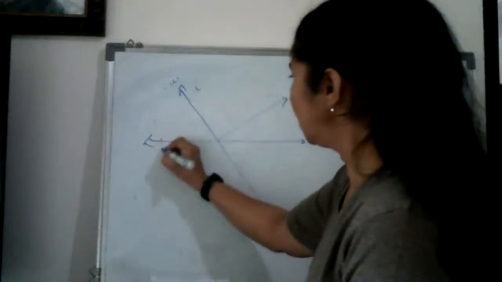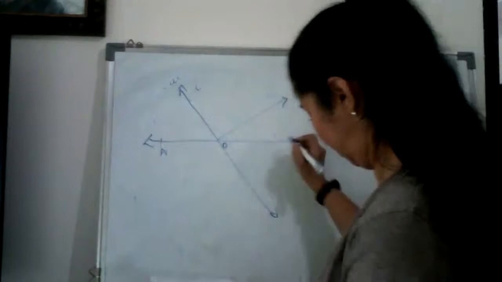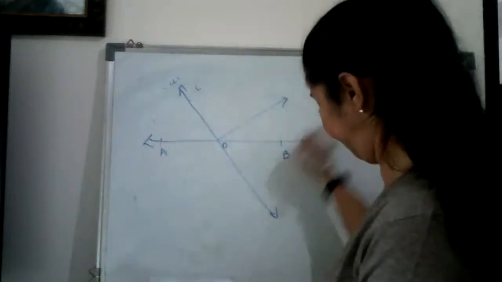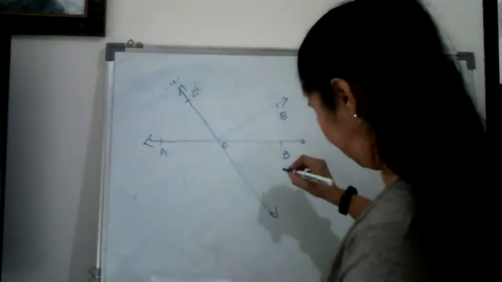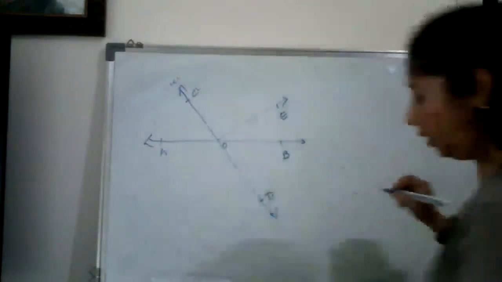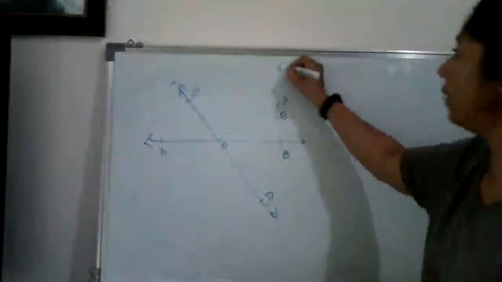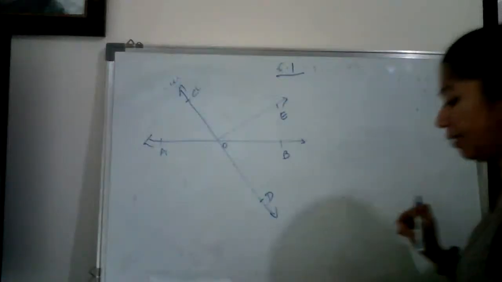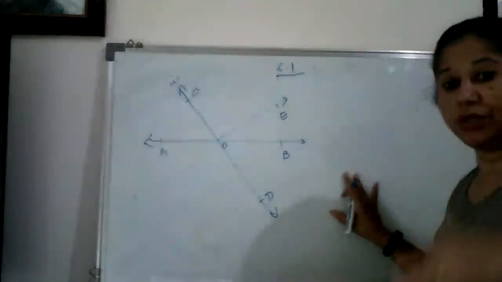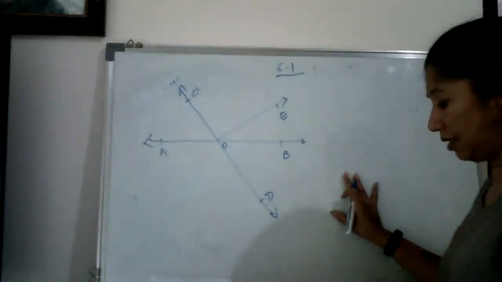Okay, this is A, B, E, this is C. This is exercise 6.1. Here I'll be dealing with textbook questions also, which will help you to understand more. Don't worry about solutions. I'll try to send you the solutions as early as possible.